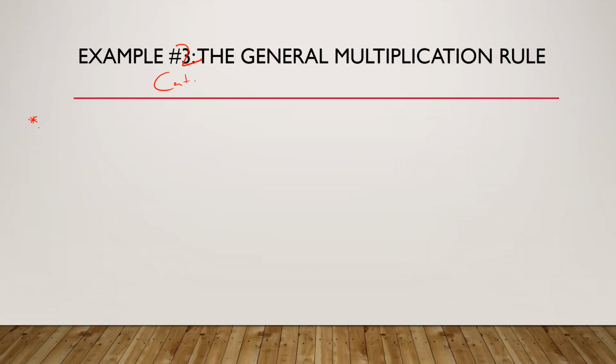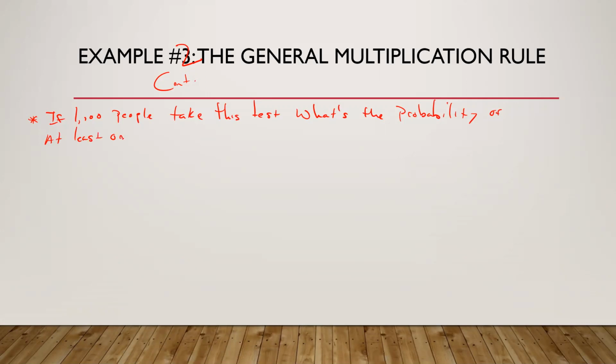Okay. So let's just lowball it and say, if 1,000 people take this test, what's the probability of at least one incorrect test?